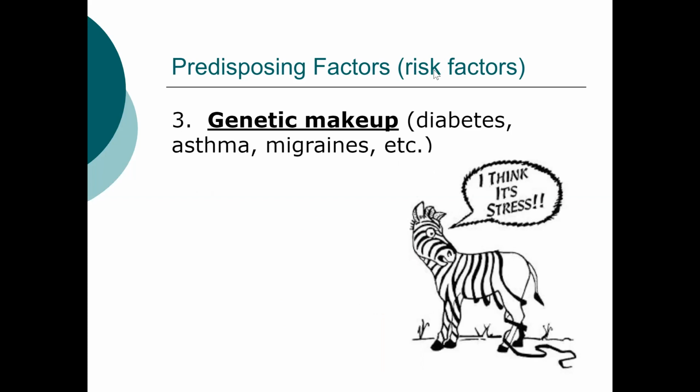Does your family have a history of diabetes? Cancer? Obesity? Heart attacks? Because of all this, we are predisposed to possibly dealing with those issues ourselves. Migraine, diabetes, asthma, cancer, heart attacks, high cholesterol, anything like this. So genetics does play a role.